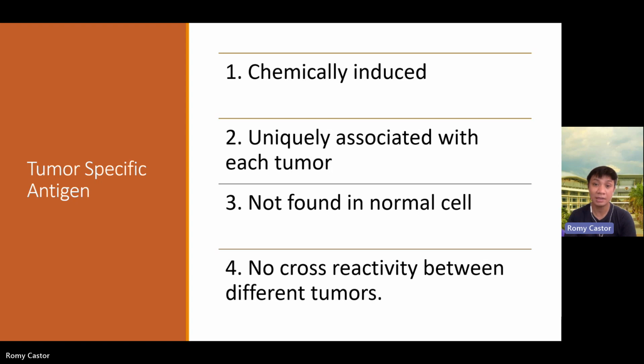That is what we call TSA, which is chemically induced, being induced by the different chemical agents. This is the type of tumor antigen that is unique to each cancer. There is no cross-reactivity between the different tumors. I mean to say, vinyl chloride can induce liver carcinoma, but it will not induce any other cancer. That's why there is no cross-reactivity between the different tumors.